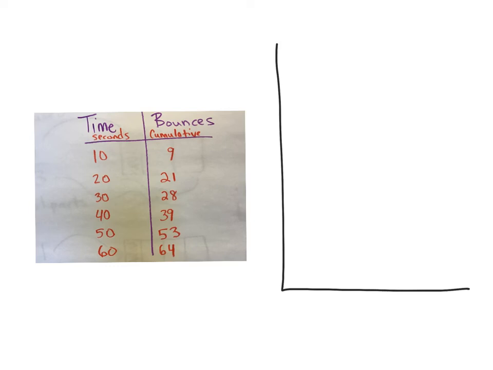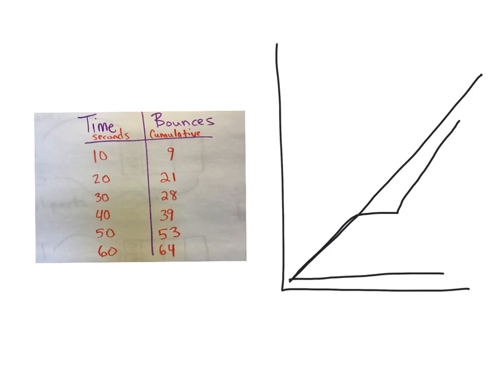Or what would your line look like? Is it going to be a diagonal like that? And what would that indicate? Might it be something that starts like this and then shifts and then goes again? What might cause that? Or is it something that would be like this and then go up quickly? Think about what might determine the slope of your line and make some educated guesses about that.